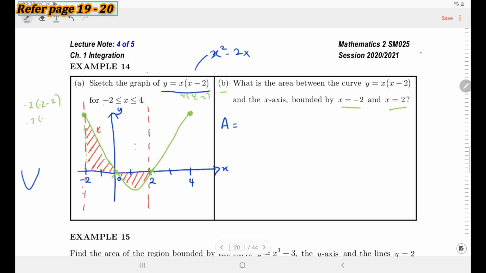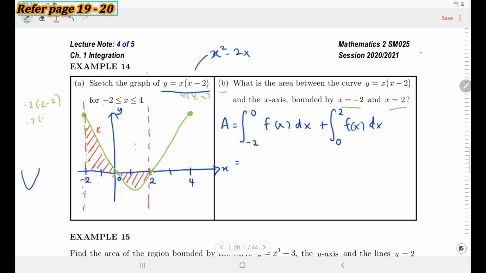So we just put modulus later. Slowly, we begin from -2 to 0 of the function dx. This is the formula, and then we add up the next domain, 0 to 2, of the same function, because here only one function is involved.